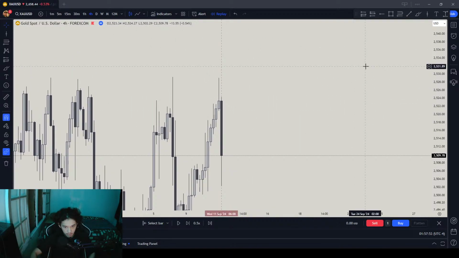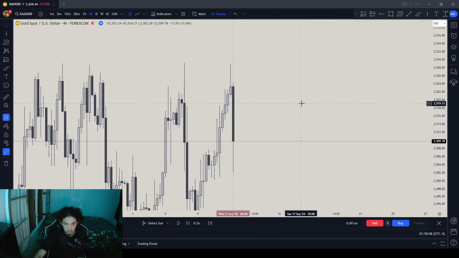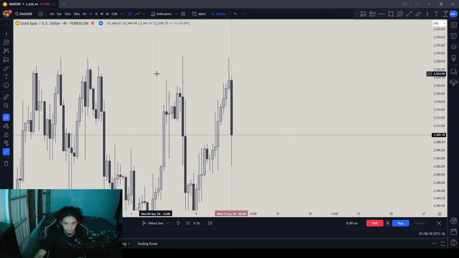The 4-hour took out no liquidity, ran through these. Okay, got a candle closure right back below. So we want a fair value gap.